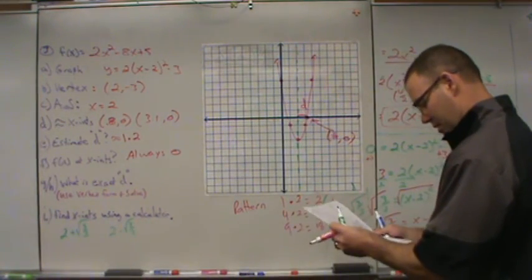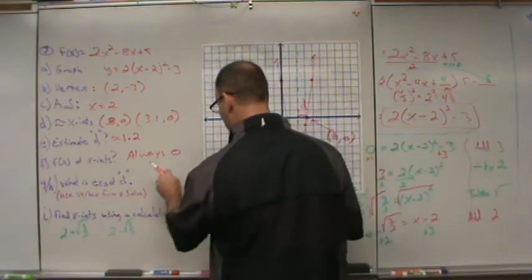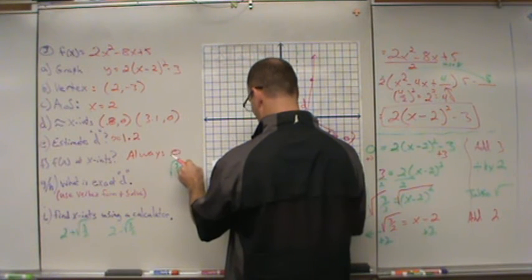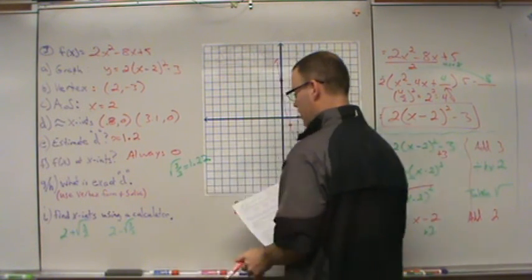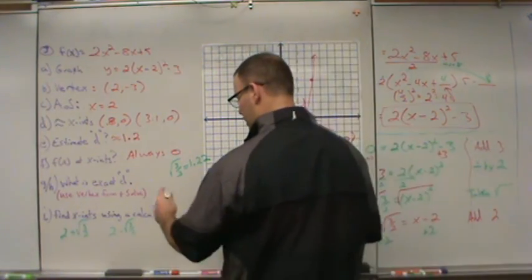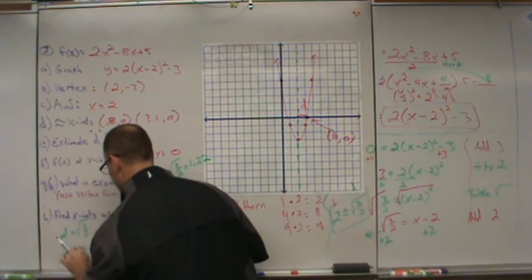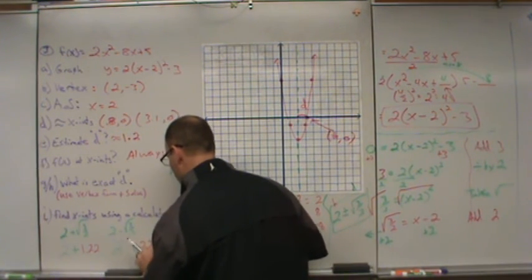If you get a calculator out and determine what the square root of 3 halves is, the square root of 3 divided by 2 is approximately 1.22. So this is where you've got to get the calculator out. 2 plus 1.22 and 2 minus 1.22.